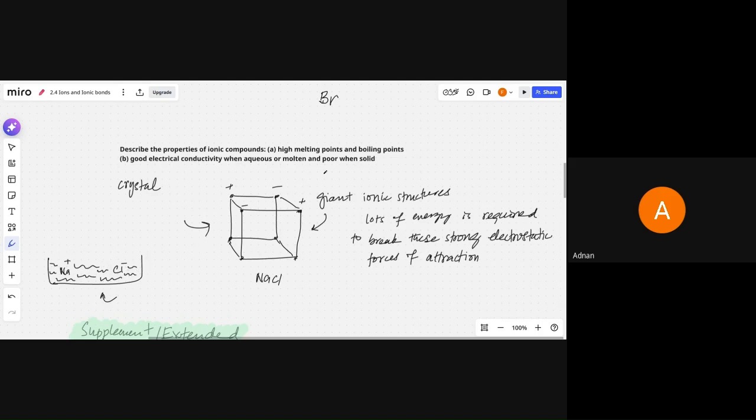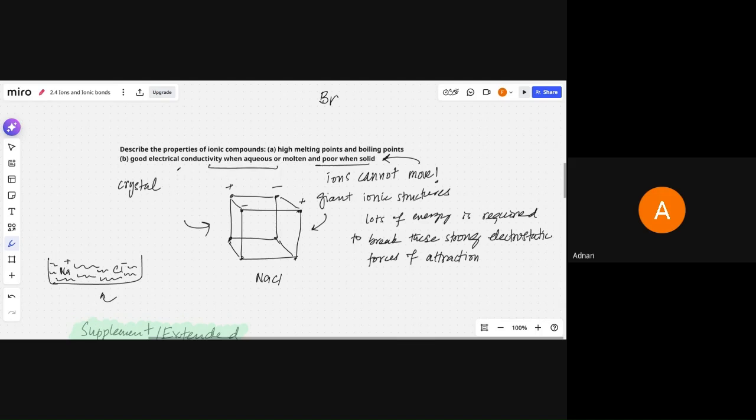And again, why they are poor conductors, or don't conduct electricity when in a solid state? The reason is that the ions cannot move, right? That is why they don't conduct electricity in a solid state, and they have good electrical conductivity when aqueous or molten.